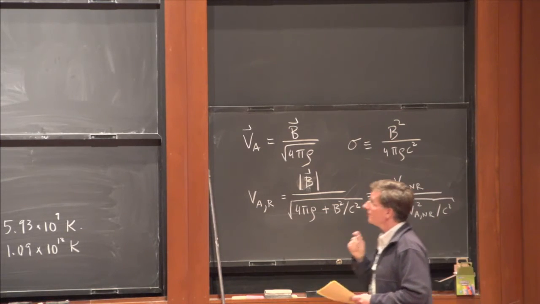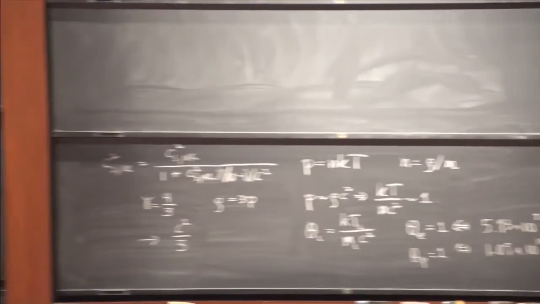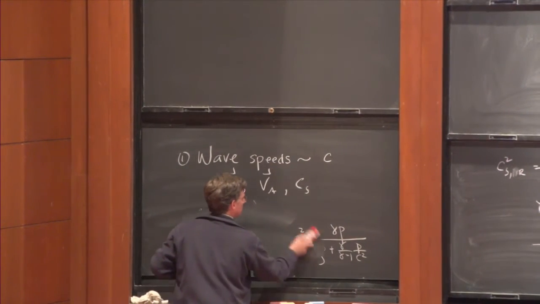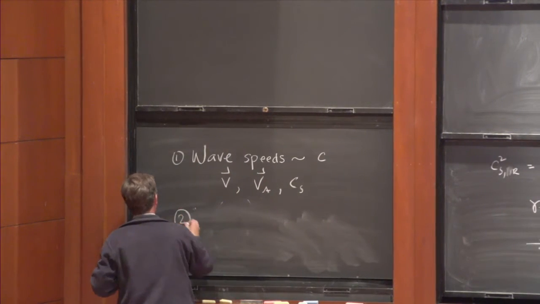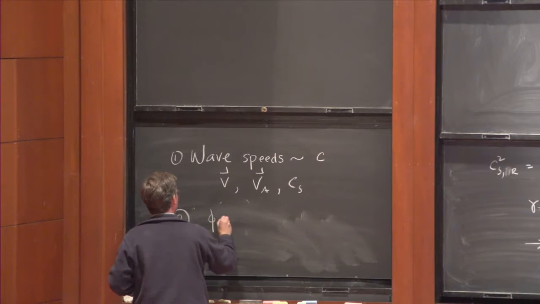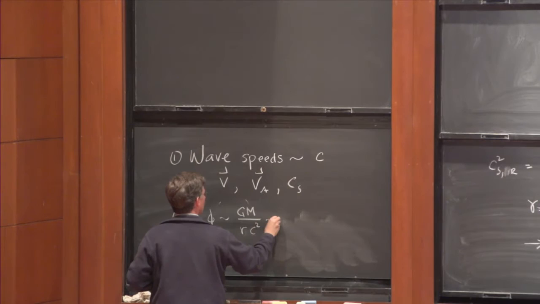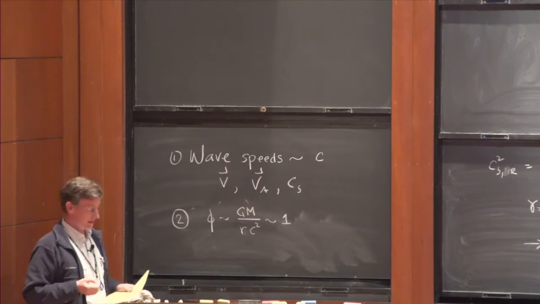Okay, and then finally we need relativistic hydro. I mean, it's obvious that we need it when the velocities in some relevant frame are comparable to the speed of light, but we also need it when the geometry is non-trivial. So one way of putting this is that the gravitational potential in Newtonian form is comparable to the speed of light squared.